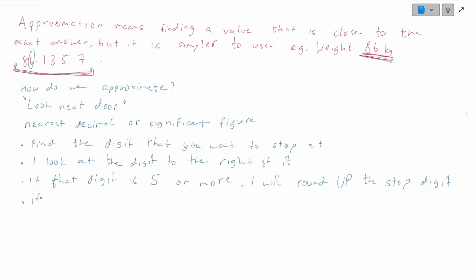And if the digit is less than 5, I will round down the stop digit. And these are the steps of approximation using the look next door method.